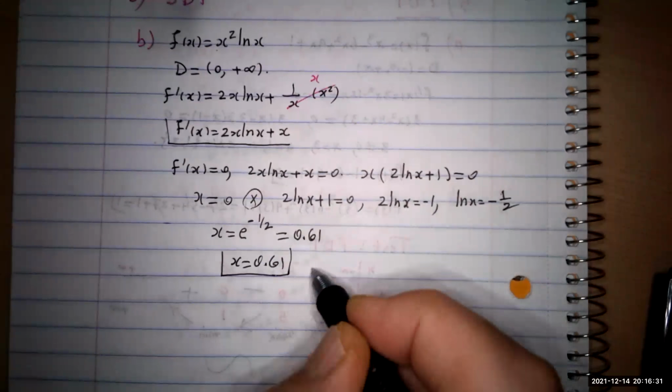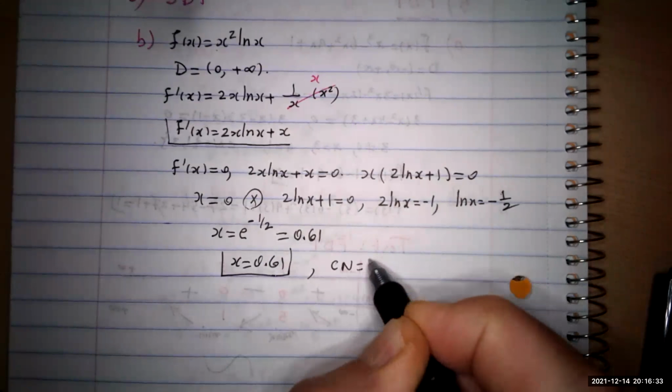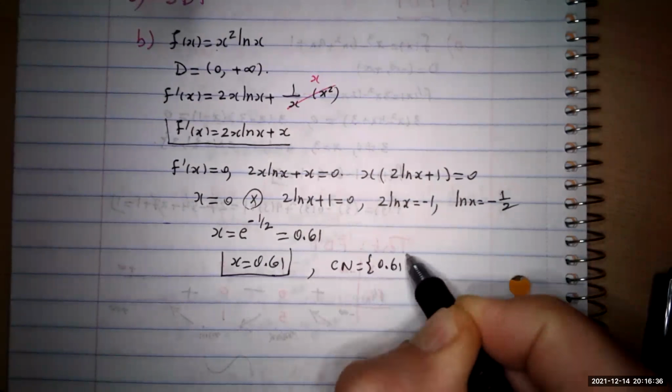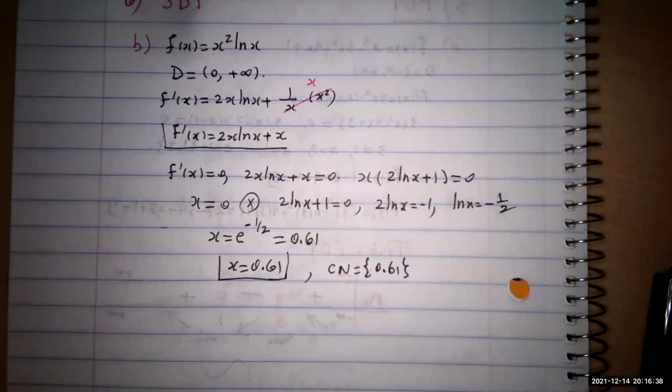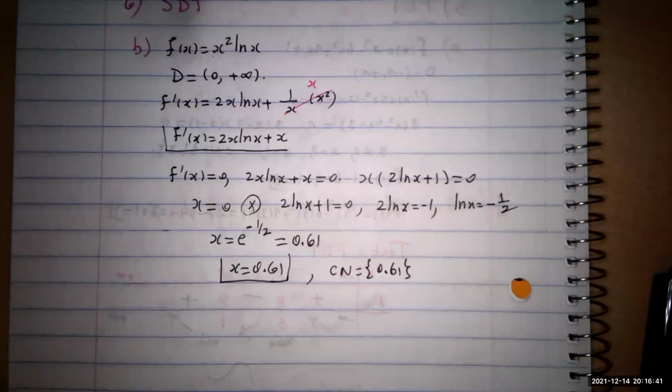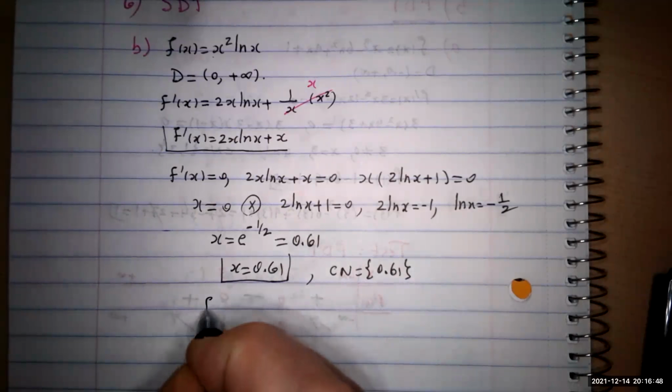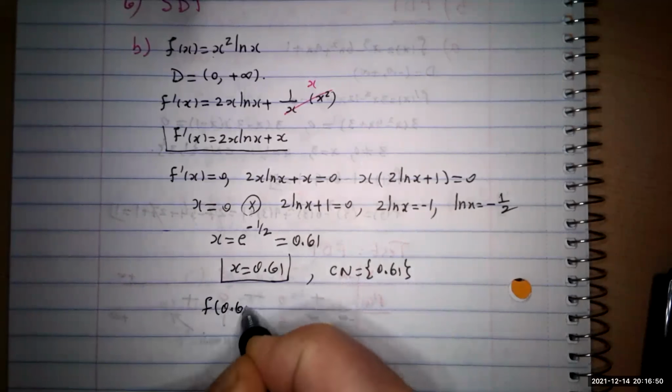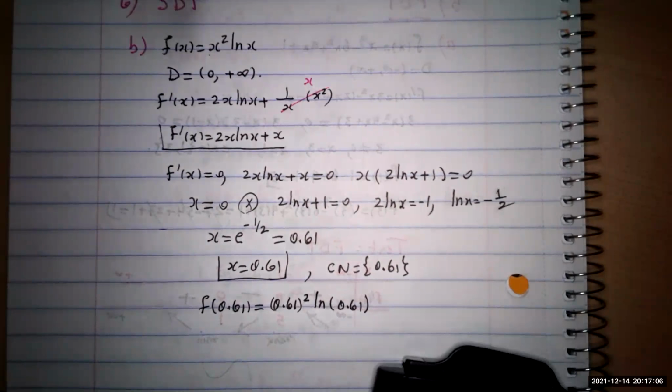That gives us the critical number, 0.61. You have to go back and drop it into the function first, then you test it. The test, of course, must be the second derivative test, because it's going to be given to you. So we go back and find f of 0.61 in the function, which is 0.61 squared times ln of 0.61.